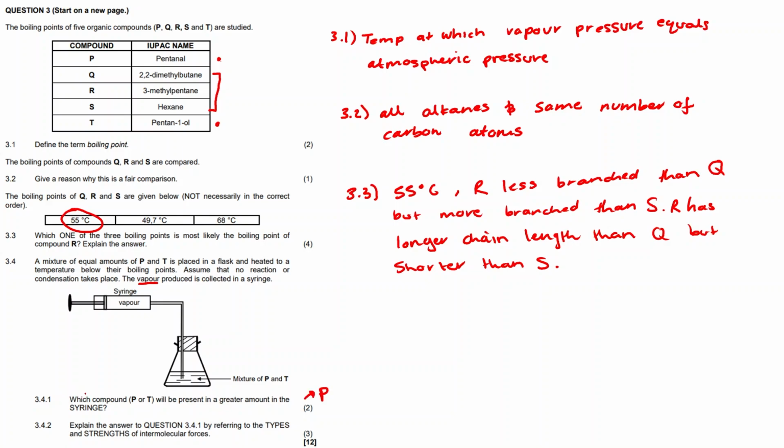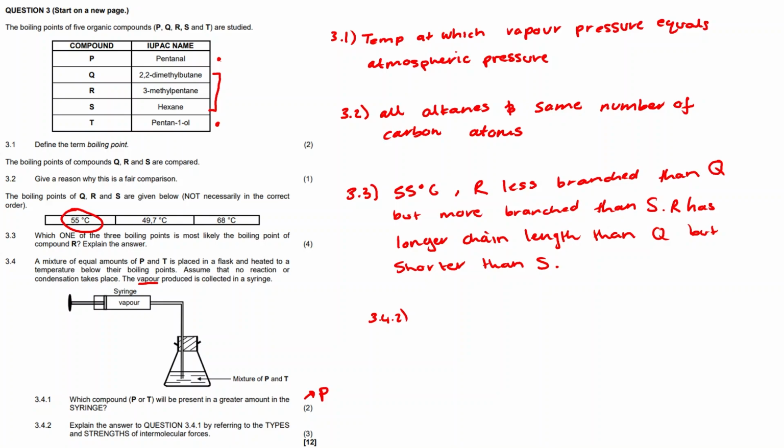Question 3.4.2. Explain the answer to question 3.4.1 by referring to the types and strengths of intermolecular forces. As we have said, compound P is an aldehyde, and there are only dipole forces and London forces. Whereas in compound T, which is pentan-1-ol, there is also hydrogen bonding.